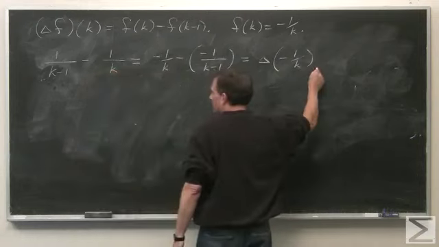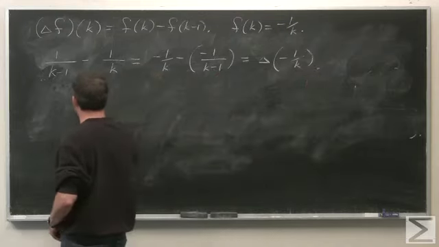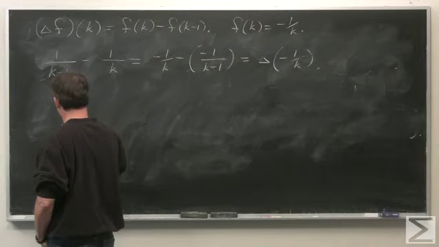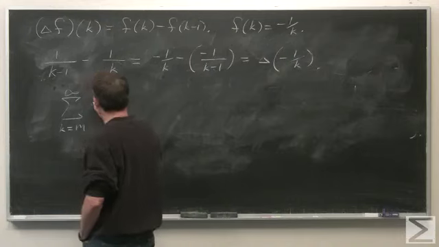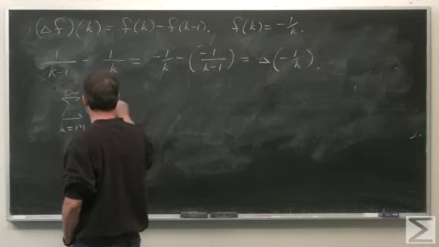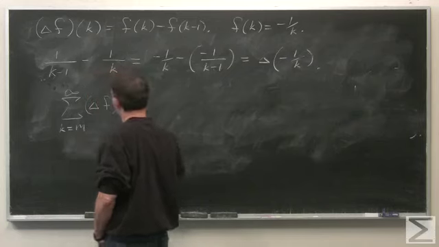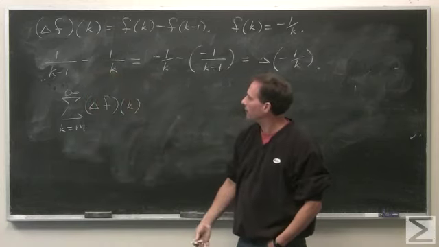And the reason that series telescopes is because the thing that we're adding is of the form delta f of k.